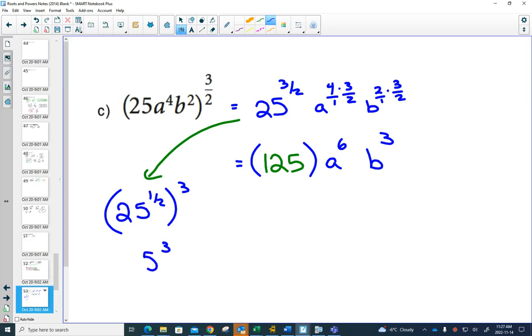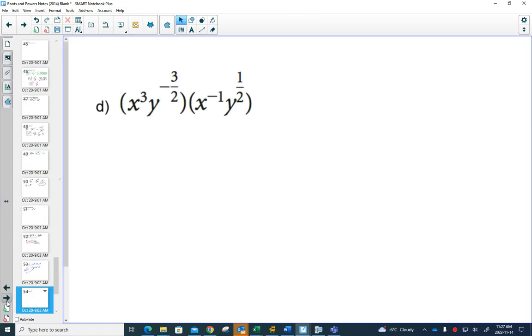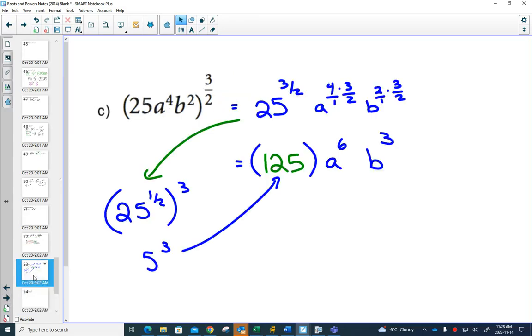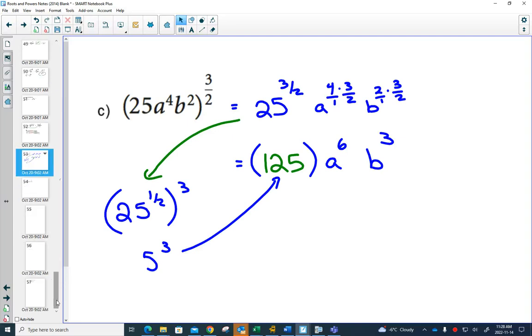So then you would get 5 cubed, and 5 times 5 times 5 gives you 125. We good? Yep. Okay.